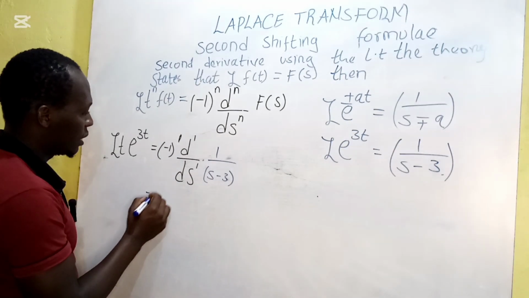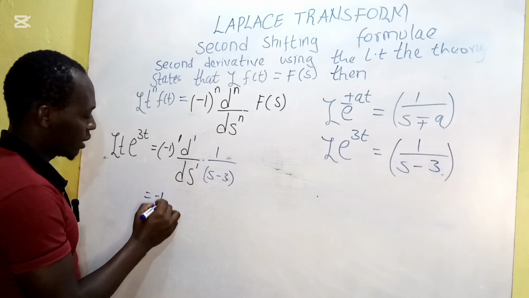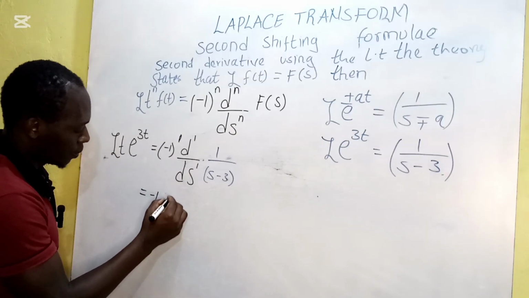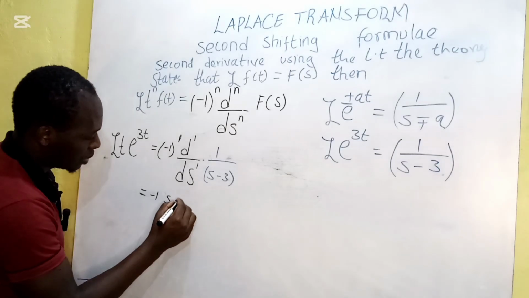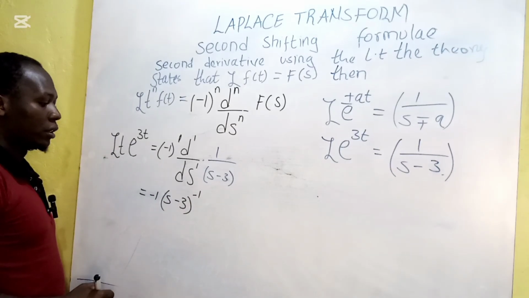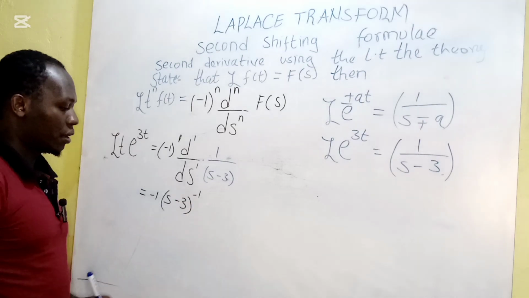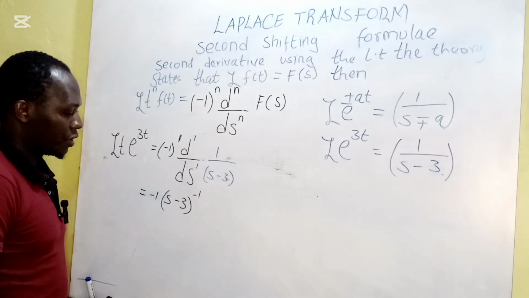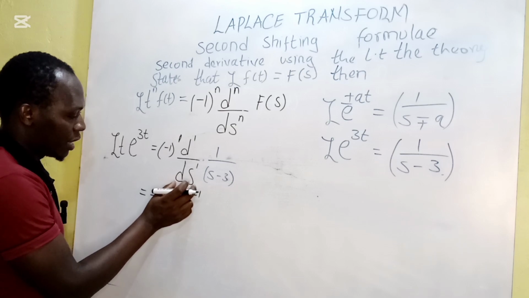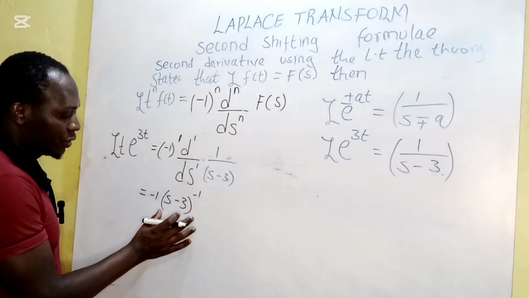Let us now find the derivative of this function. We can decide to rewrite it in this form, s minus 3 to a power of -1. Since it was a differential here, let us now find the differential of this function.